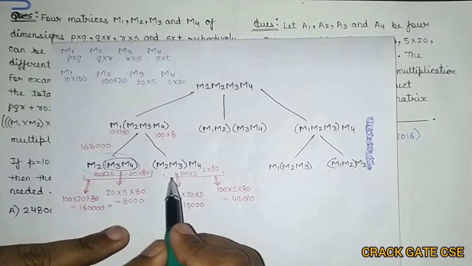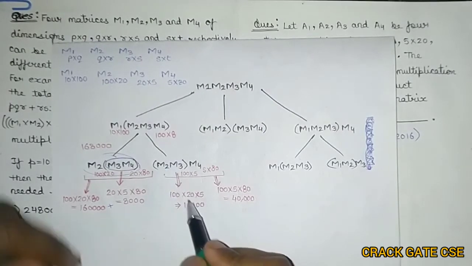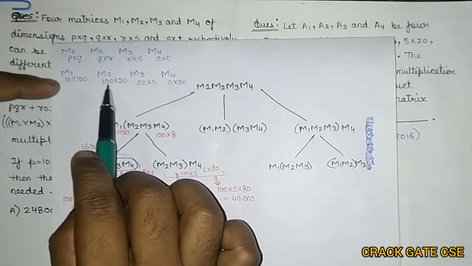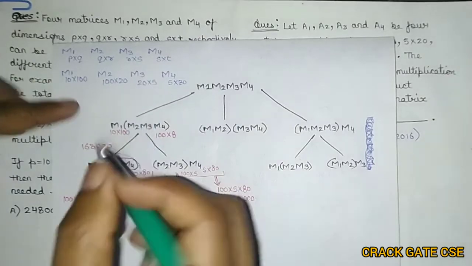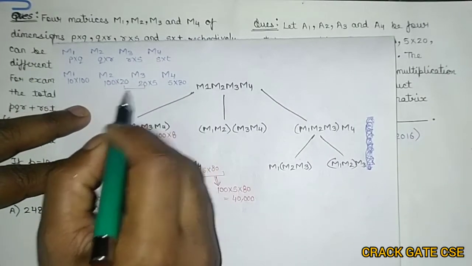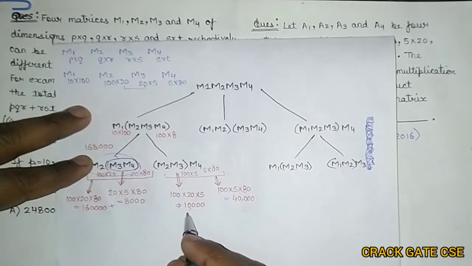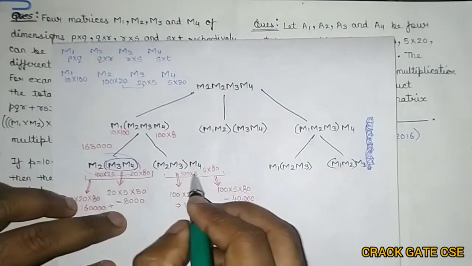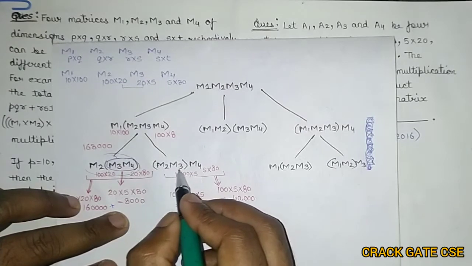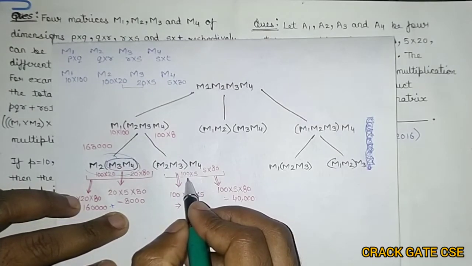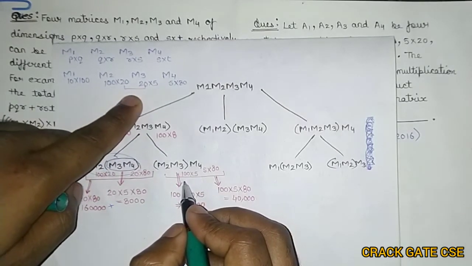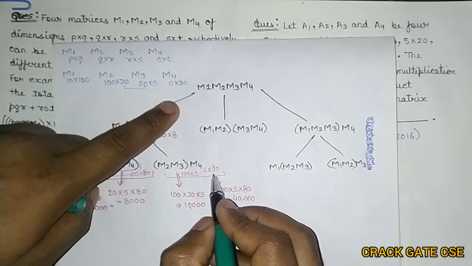Similarly here, first I multiply M2 and M3. M2 has dimensions 100 into 20, M3 has 20 into 5, so the number of multiplications is 100 into 20 into 5, which is 10,000. The new dimension of M2 M3 is 100 into 5, and the M4 dimension is 5 into 80.